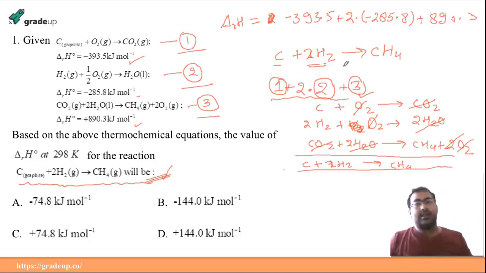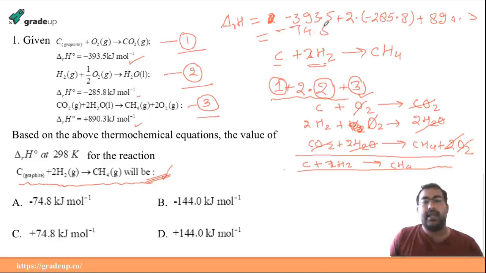When you solve this, you will see that it is equivalent to minus 74.8.